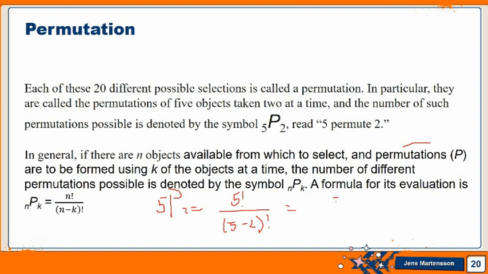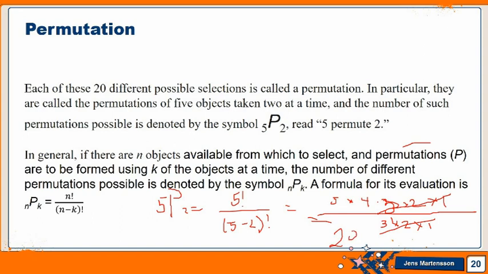So, we have 5 times 4 times 3 times 2 times 1 over 5 minus 2, which is 3. So, we have 3 times 2 times 1. So, we can cancel out 3 times 2 times 1. And 5 times 4 is 20. Wherein on the example earlier, you see that the permutation of the 5 letters taken 2 at a time is 20.